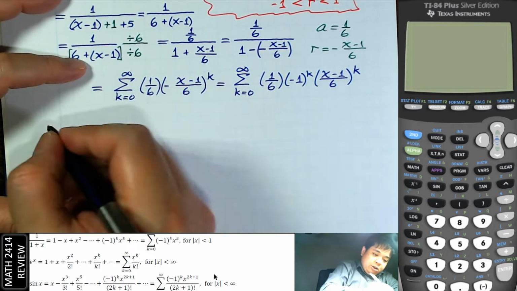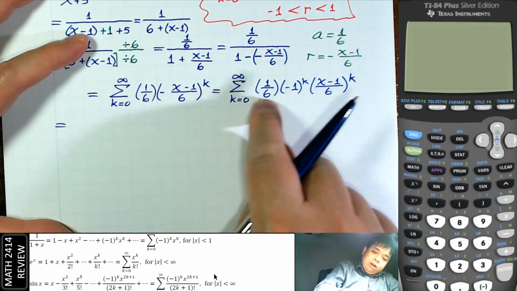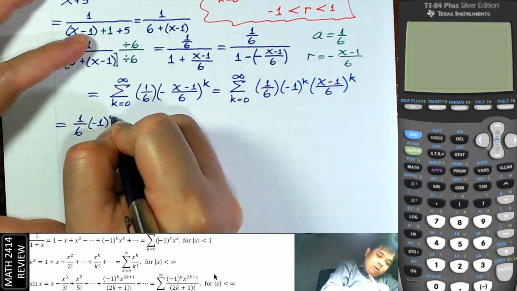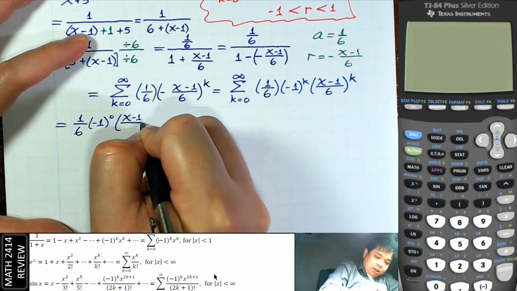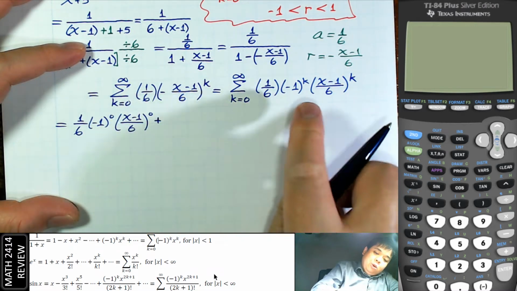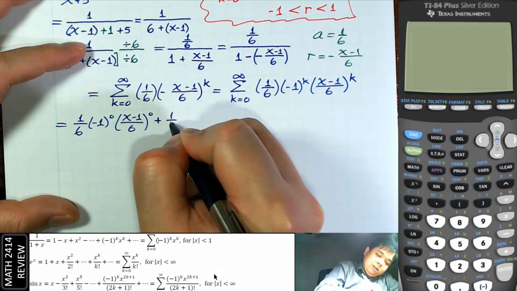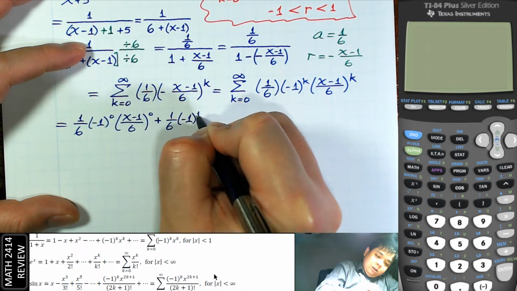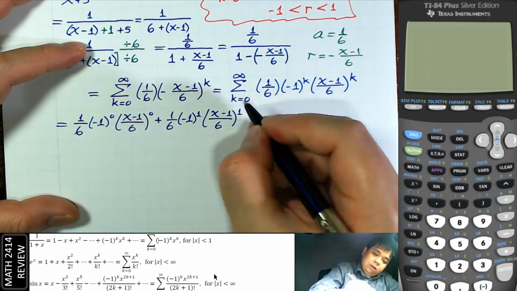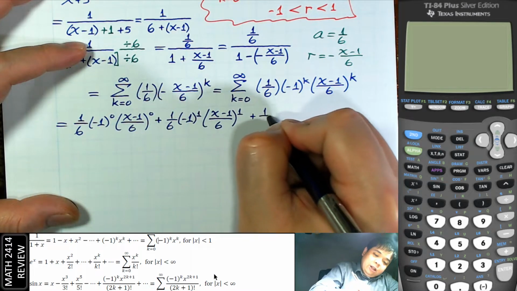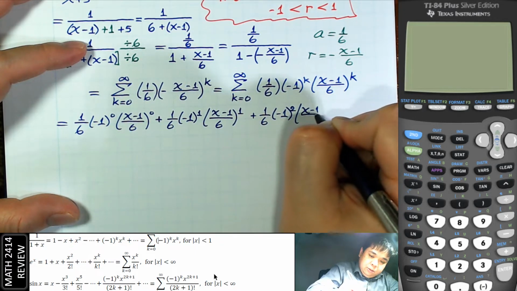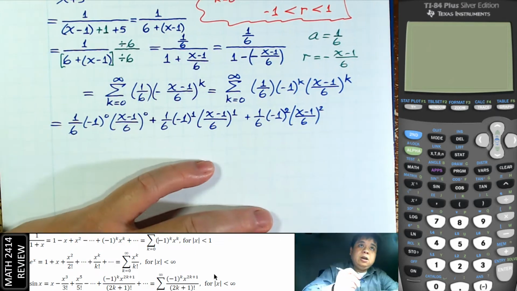So when k equals 0, put 0 in here for k, 1 over 6, negative 1 to the 0, x minus 1 over 6 to the 0, and now put 1 in for k, and put 2 in for k, and put 3 in for k.